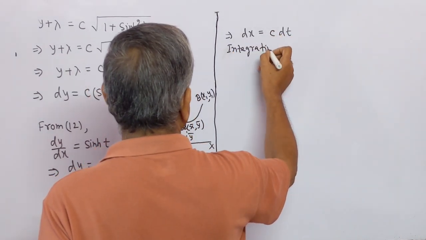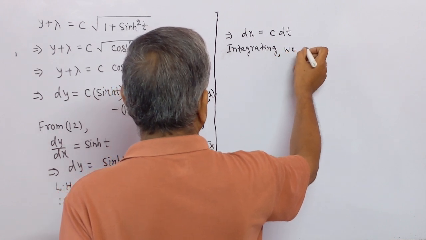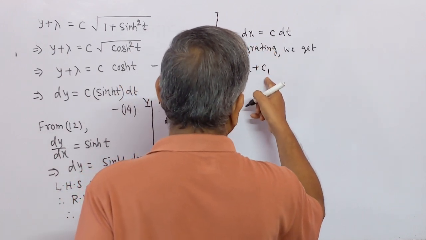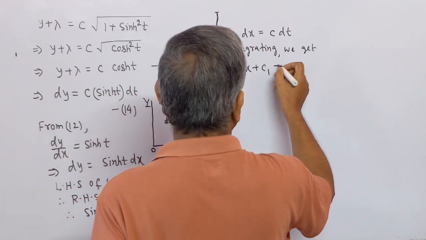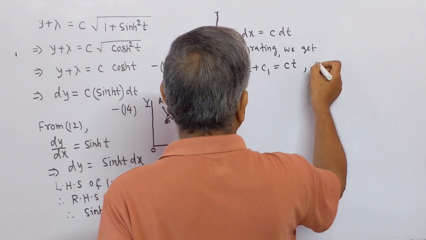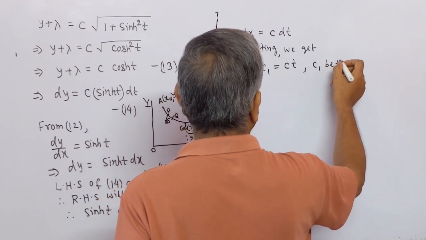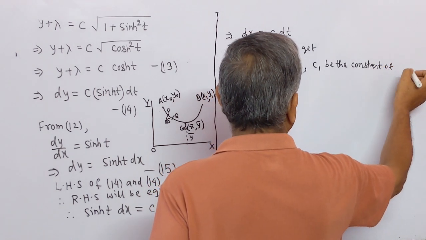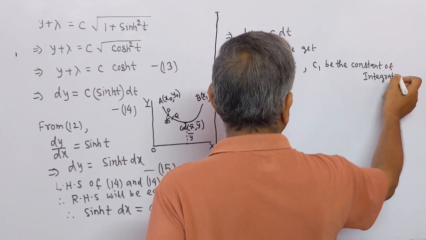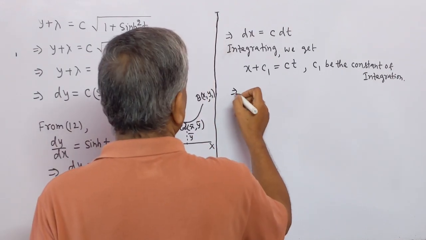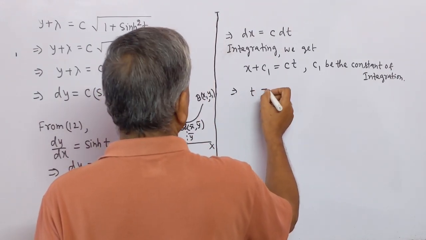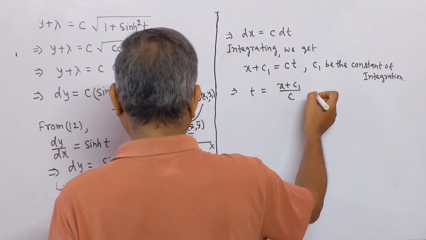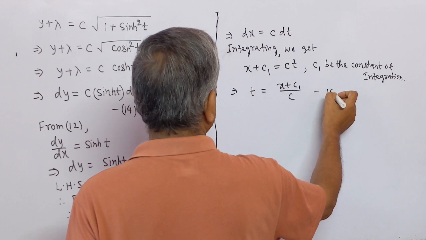Integrating, we get x plus c1, c1 is the constant of integration, equal to ct, implies that t equal to x plus c1 by c. Let this is number 16.